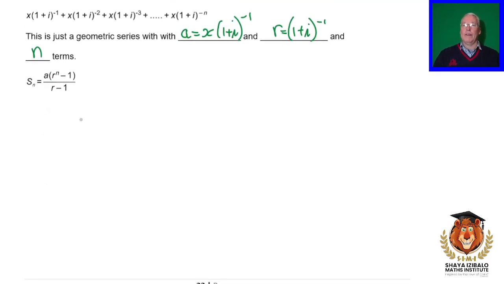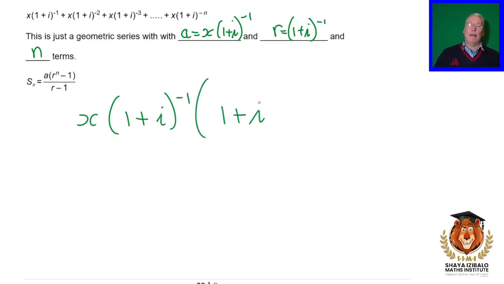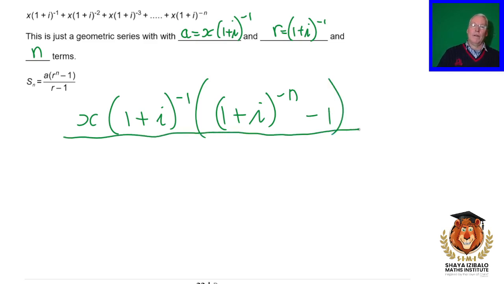So this is going to come to a, which is x times 1 plus i to the minus 1, then times 1 plus i to the minus n, because that's our r value raised to the power n, minus 1, over 1 plus i to the minus 1, that's our r value, minus 1. Okay, that's going to be the final answer.